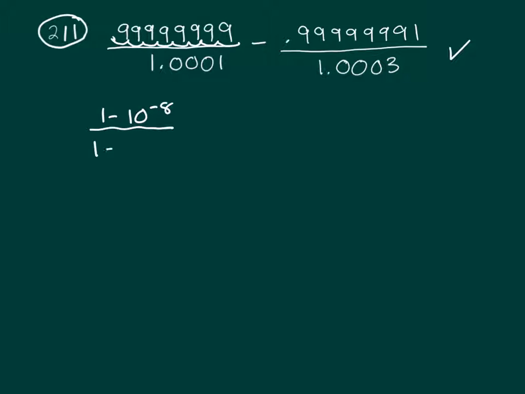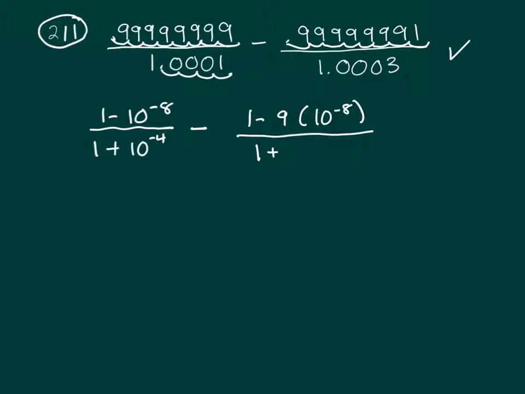And the denominator is 1 plus 10 to the negative 4. 1, 2, 3, 4. And then minus, this would be 1 minus 9 times 10 to the negative 8. Let me double check that. 1, 2, 3, 4, 5, 6, 7, 8. And the denominator is 1 plus 3 times, you don't have a 1 here, you have a 3, times 10 to the negative 4.